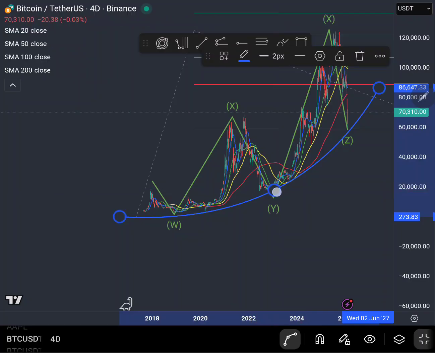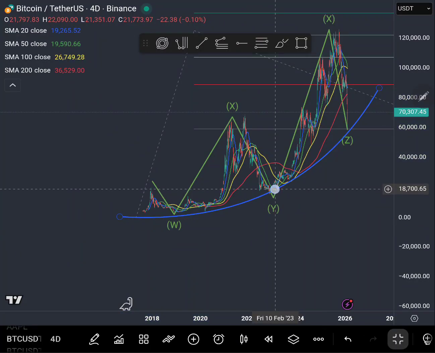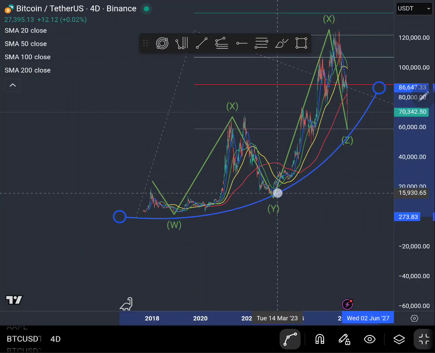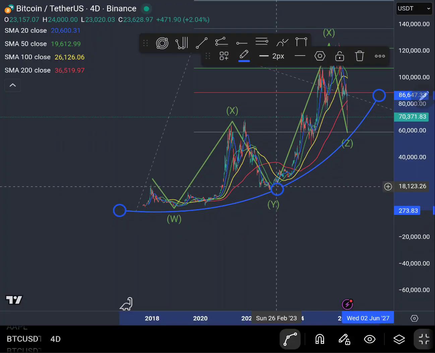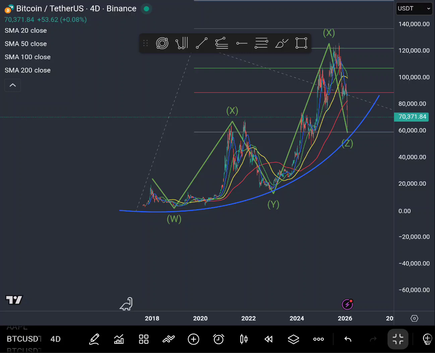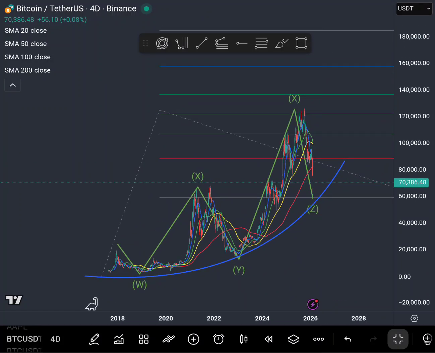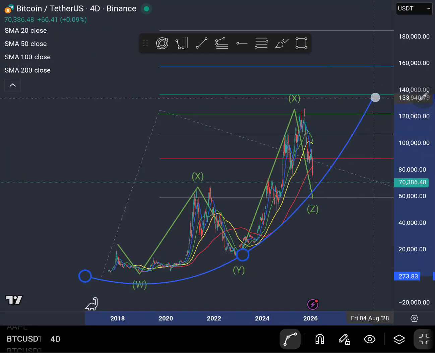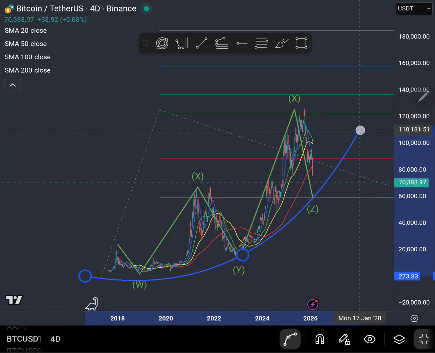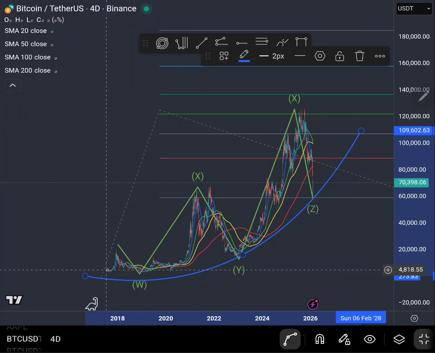What is Bitcoin doing? Well, it's following a curve, isn't it? There's some sort of curve happening here. What else would you expect?